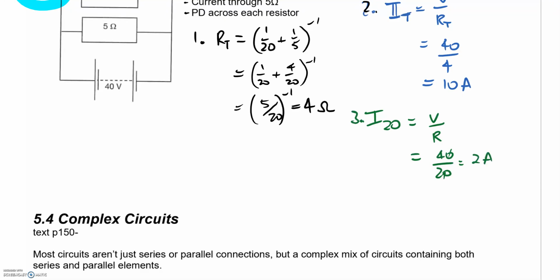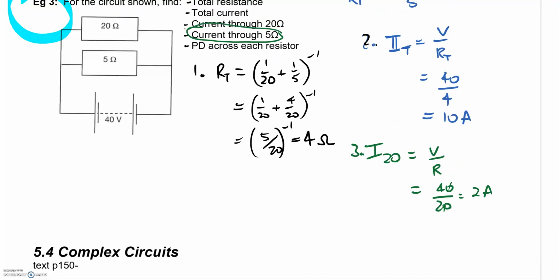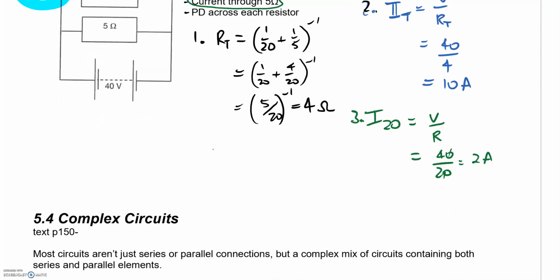Now, here's the interesting part. With the current through the 5 ohm resistor, there's about 3 ways you can do this. Remember we said that the current is inversely proportional to the resistance in any branch. So compared to the 20 ohm resistor, we'd expect 4 times as much current.